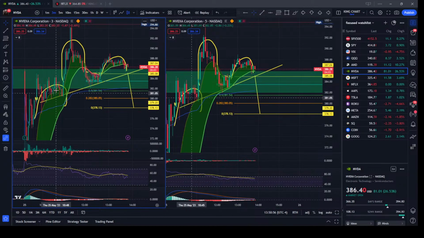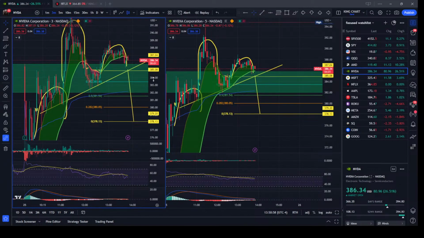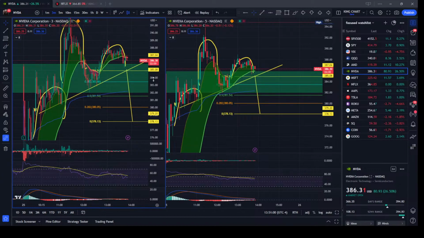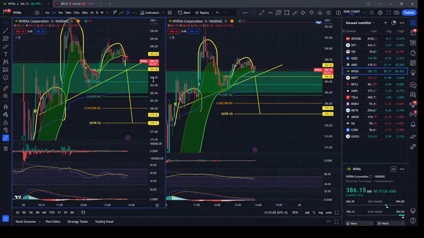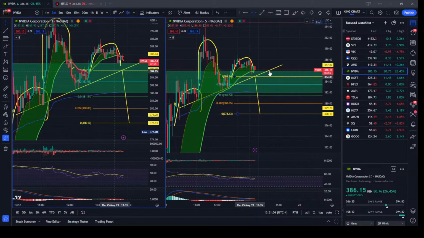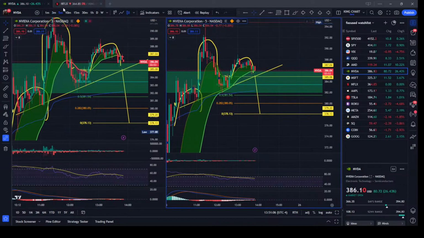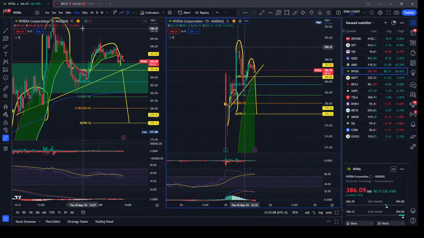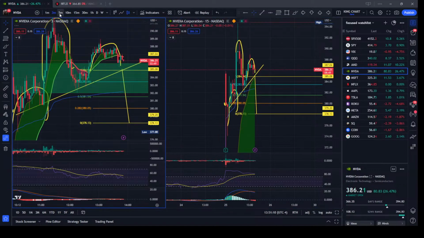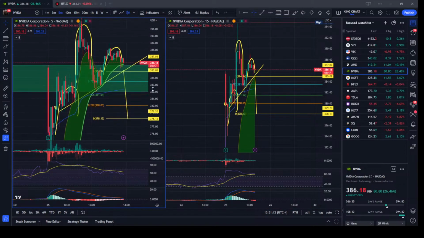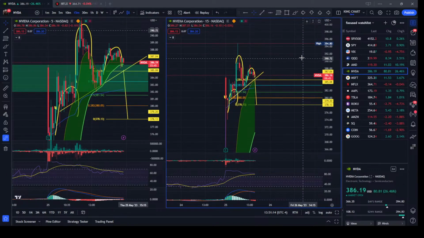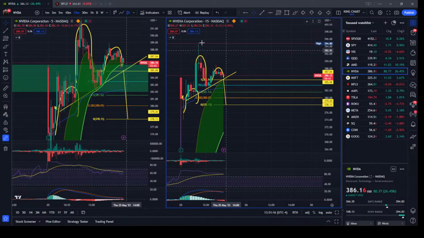If it crosses above that, then we are happy as pie. NVIDIA pushing down here. Yeah, the reason I like NVIDIA is just, oh wait, actually, let's see, what's the 15? What did we find?